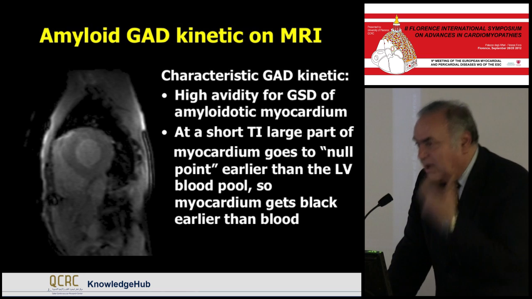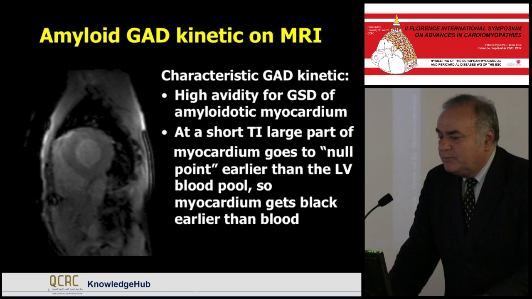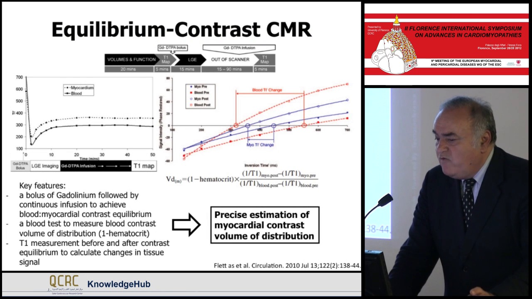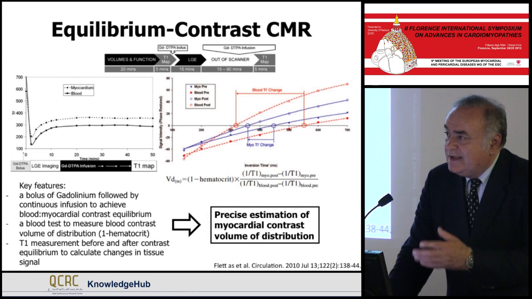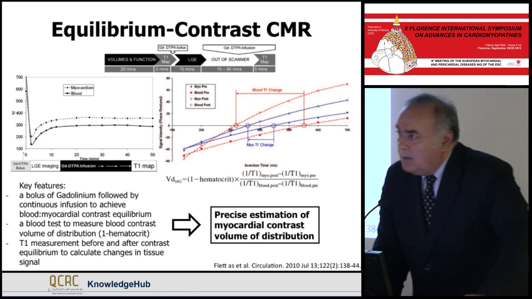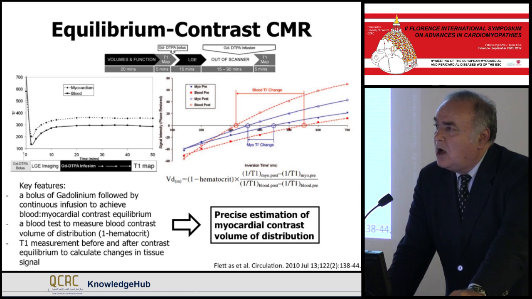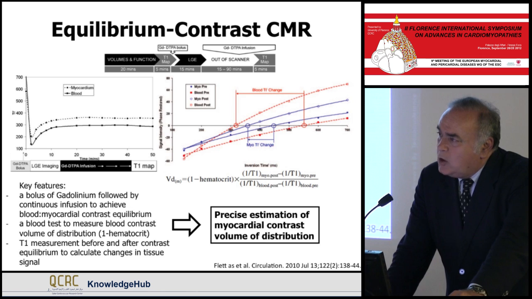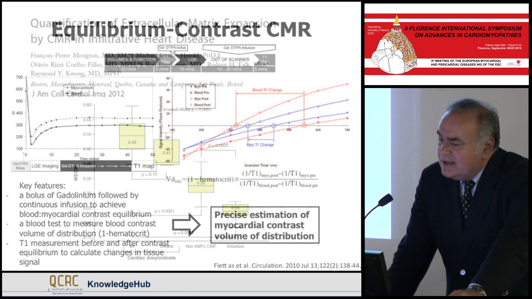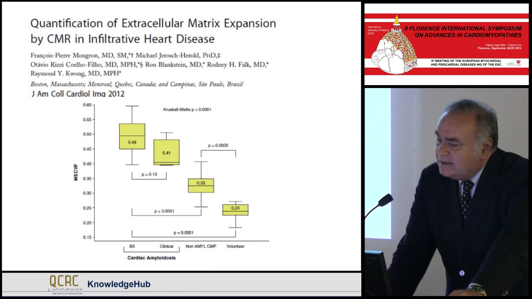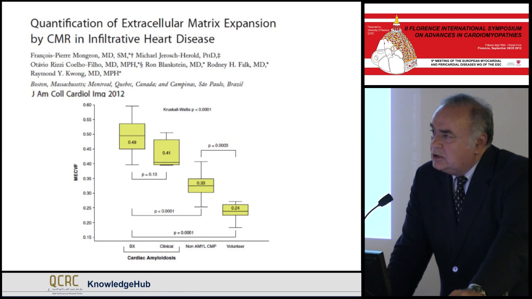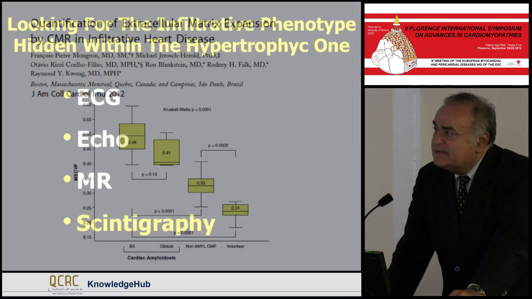This is the single most important sign. Recently, we are moving, and these are data from the London group by James Moon and colleagues, to this concept of equilibrium contrast of gadolinium in magnetic resonance, which allows a quantitative evaluation. These are the first studies dedicated to quantitation of the interstitial expansion by means of this equilibrium technique. So this is the future.